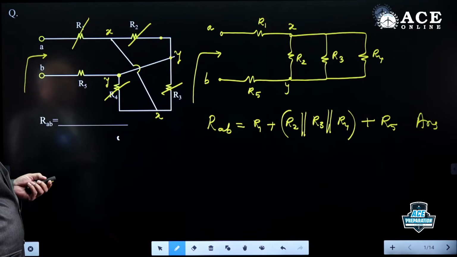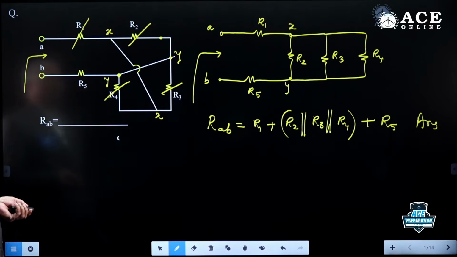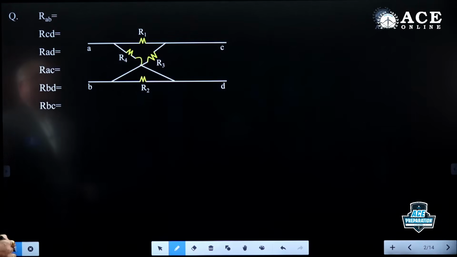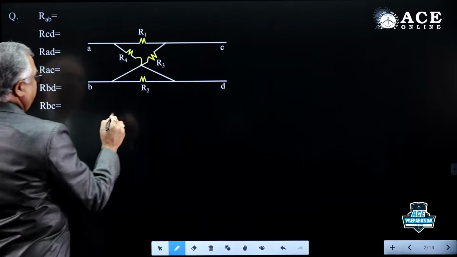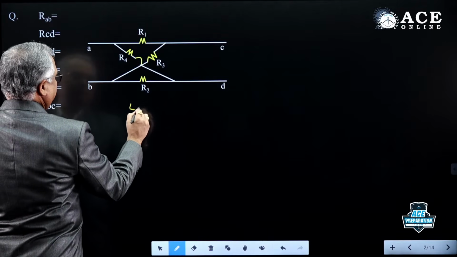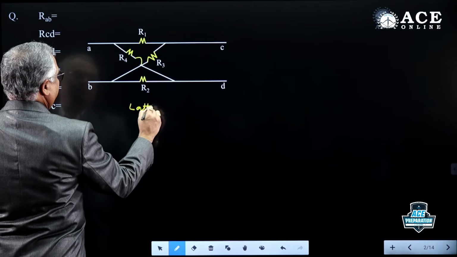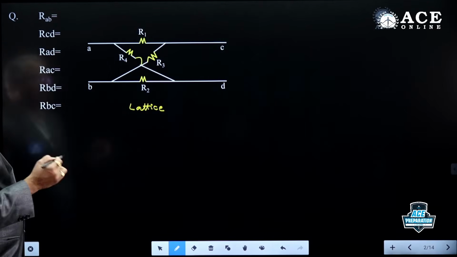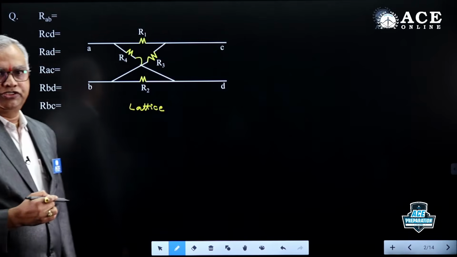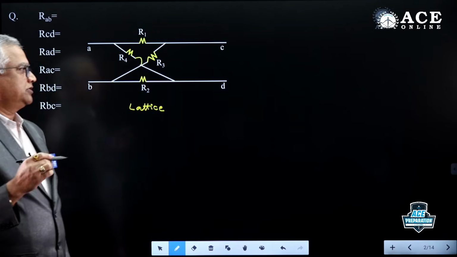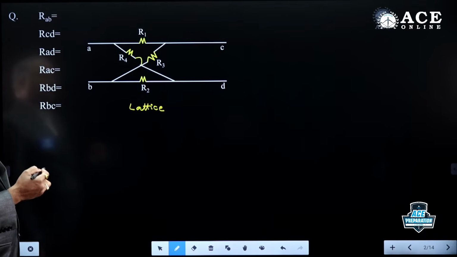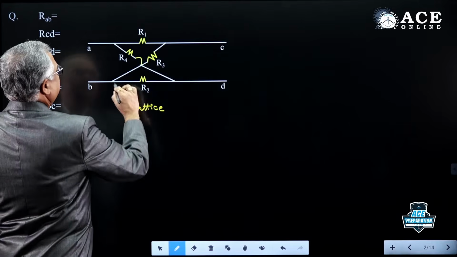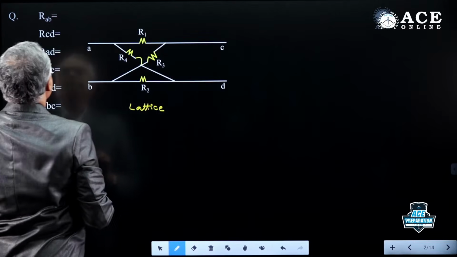Now let us see the second problem. This is another problem based on R equivalent. So it's a lattice network. Many networks are there: T network, pi network, bridge T, lattice, ladder, etc. This is another complicated model, lattice, cross connected.